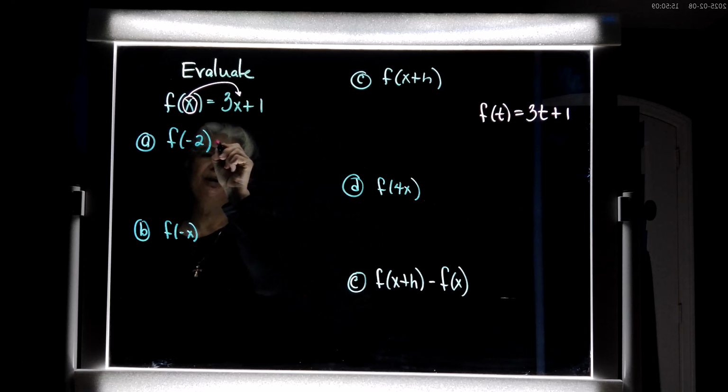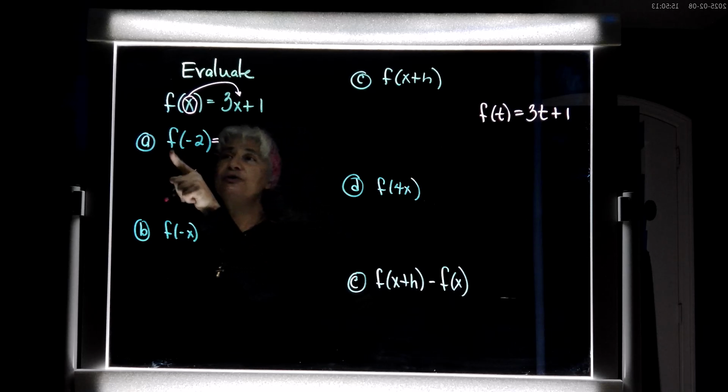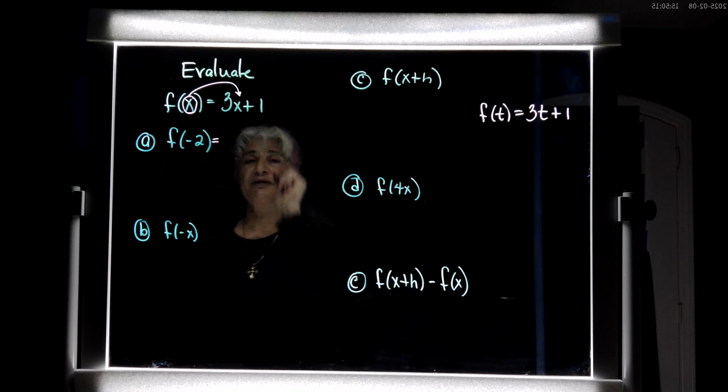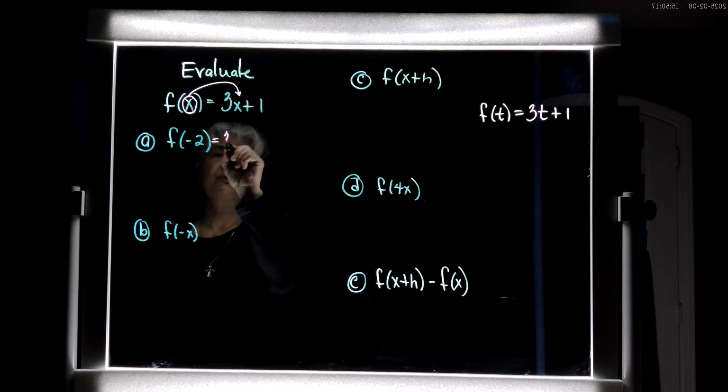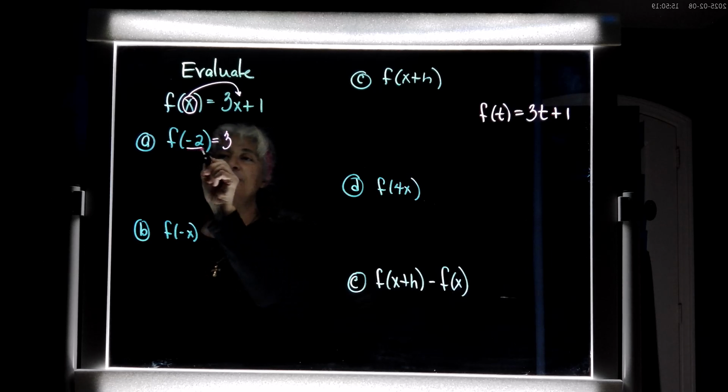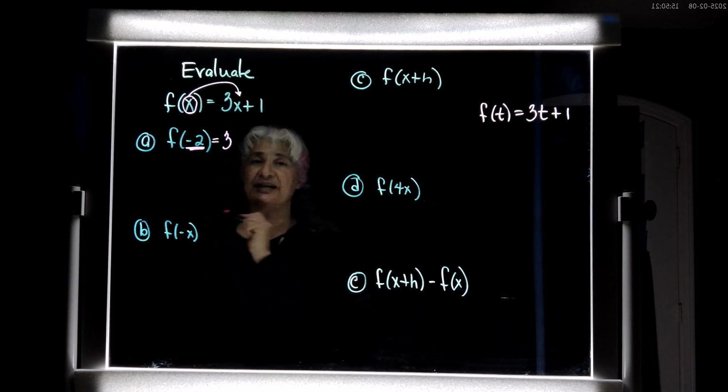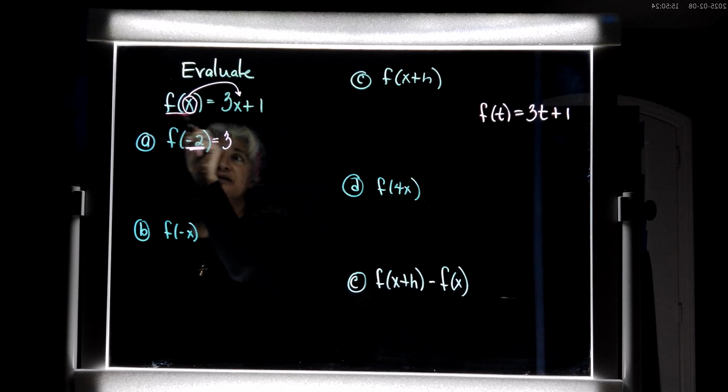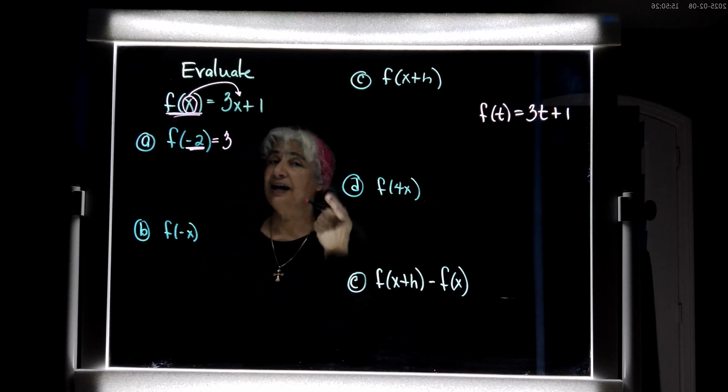So for example, letter A, it says f of negative 2. I know the function f looks like 3x plus 1. So I'm going to start writing the 3. But in place of the x, they have negative 2 because the notation says f of x.